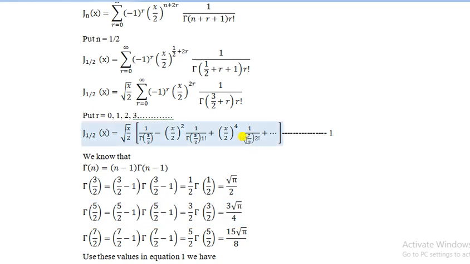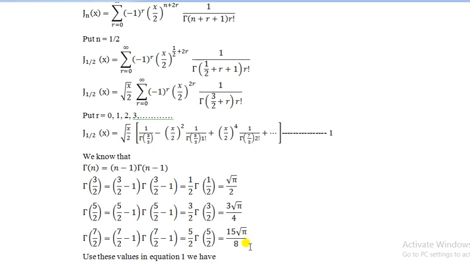And the last one is gamma of 7 by 2. So 7 by 2 minus 1, gamma of 7 by 2 minus 1, that becomes 5 by 2, gamma of 5 by 2. And gamma of 5 by 2 is 3 square root of pi by 4 into 5 by 2, which becomes 15 square root of pi by 8.